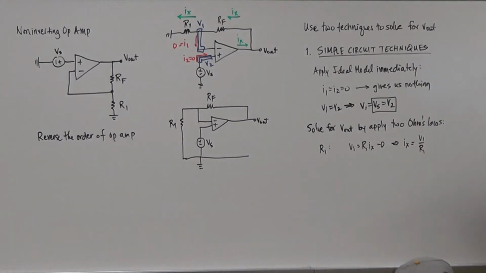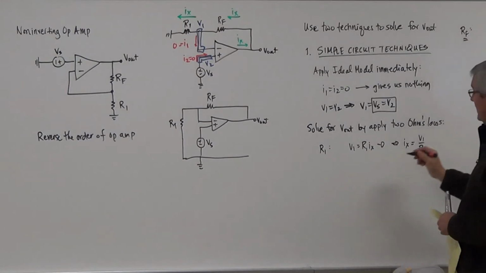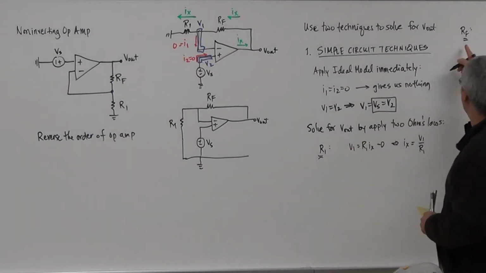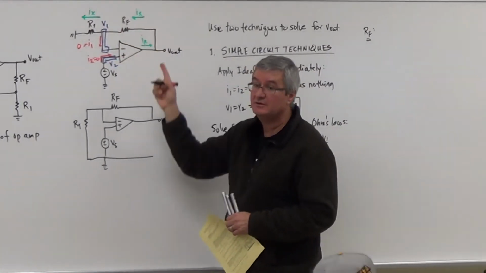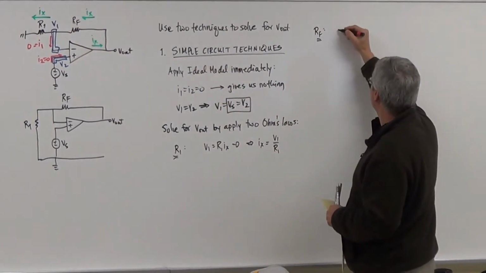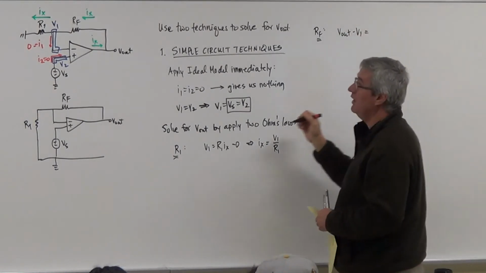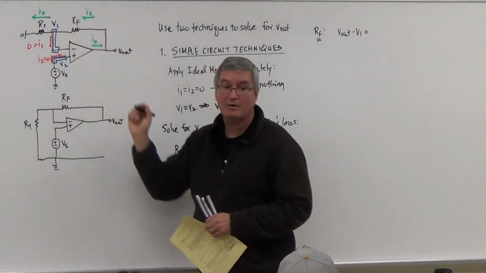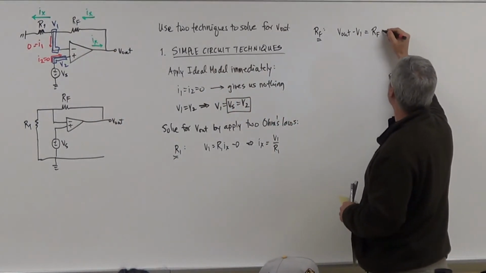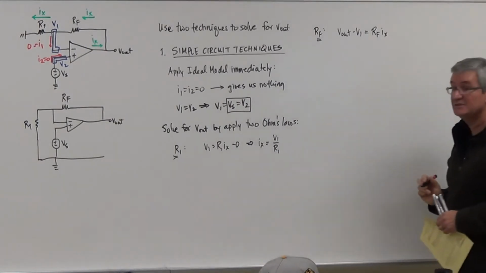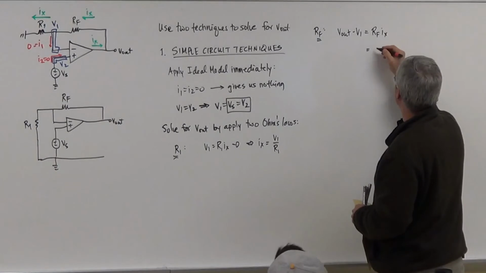Okay? So now I'm going to look at resistor RF. The current here is the same as the current there, so V out minus V1 must be what? The current through RF, so this has to be RF times Ix. They're the same. But what's Ix in this case?